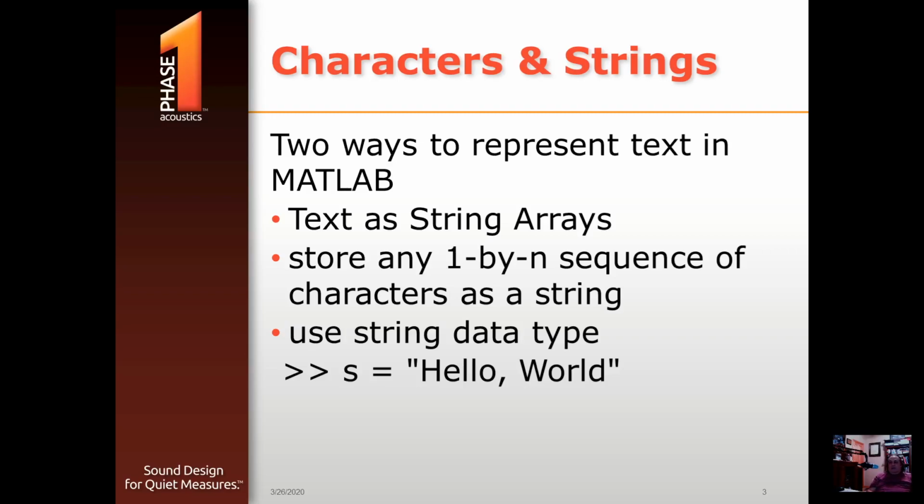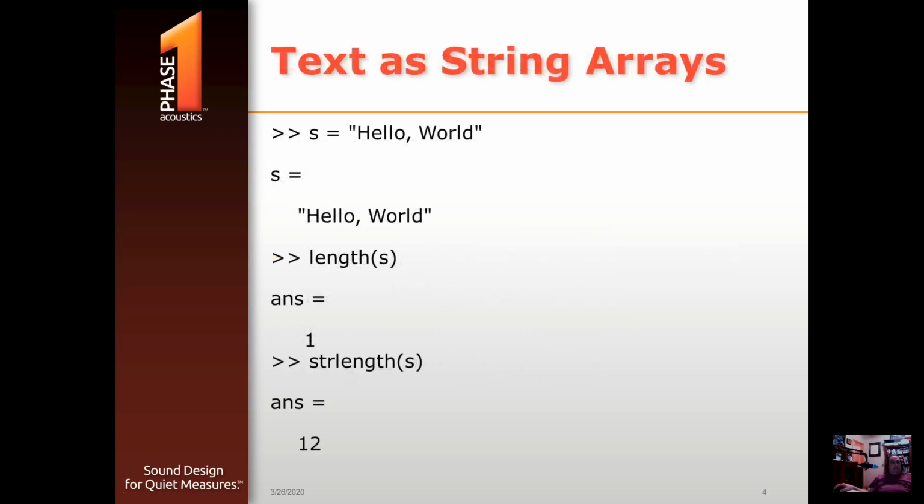This stores the character array, hello, world, to the variable S. So for example, here's the output that would be echoed to the screen, hello world, and it's returned within the double quotations. And so I use the length function, so length of S, and the string has a length of 1.